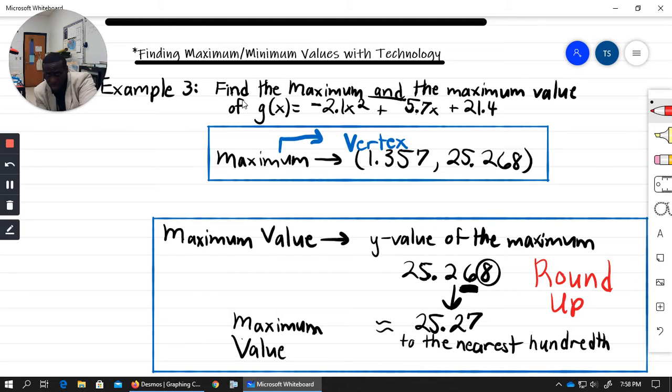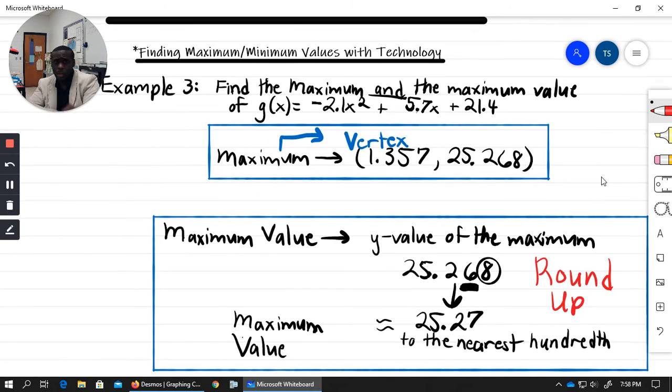So this particular example, and again, it's my example, I'm asking you to find the maximum and the maximum value.